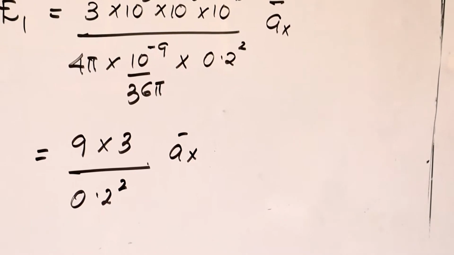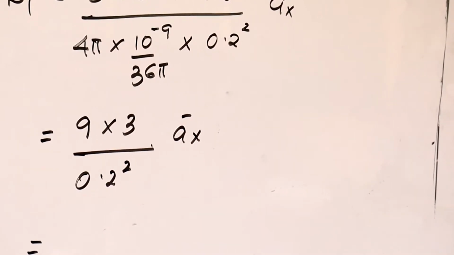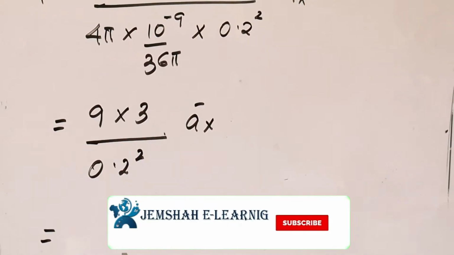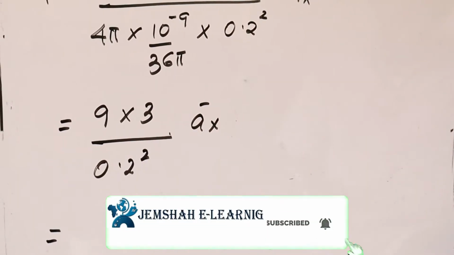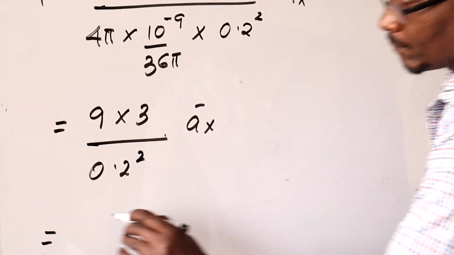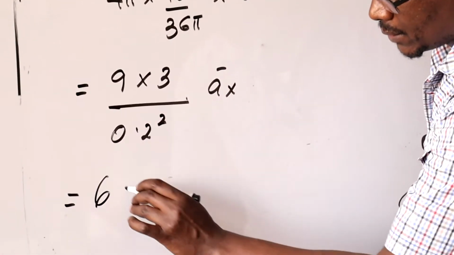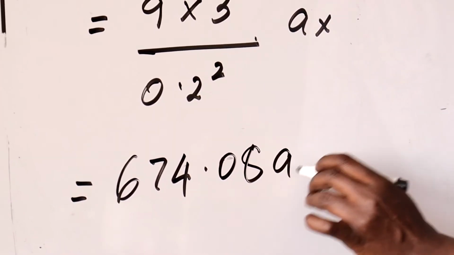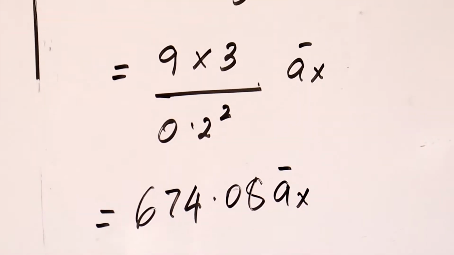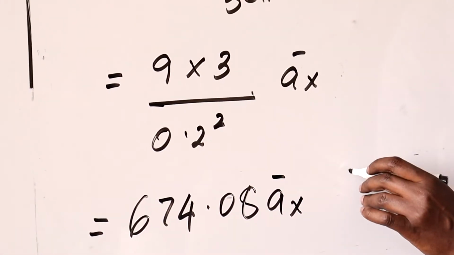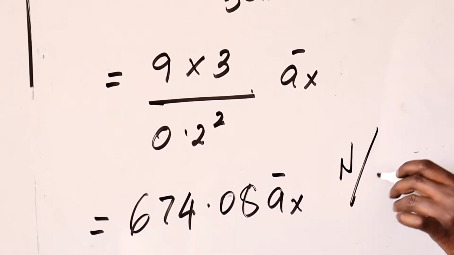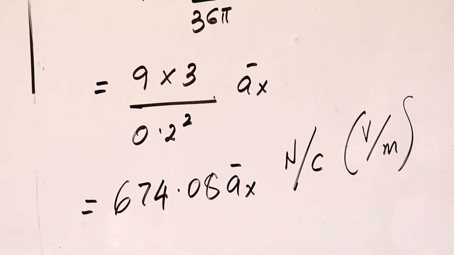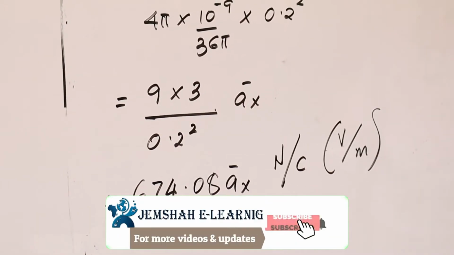That will translate into 674.08 AX bar. Now the units, we had said that these can be given as newtons per coulomb, or volts per meter. Those are the two units that we normally use to represent electric field strength.